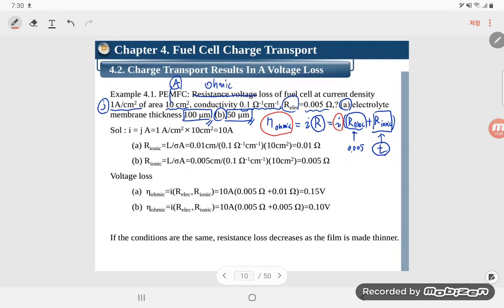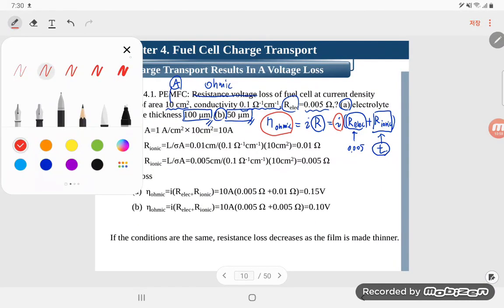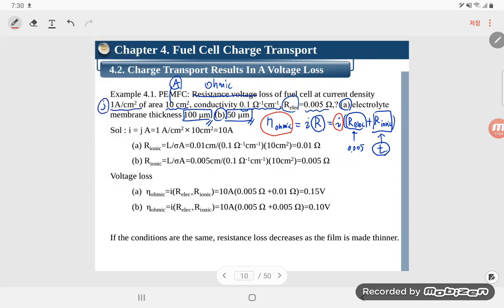So firstly, let's change the current density to the current. So I equals JA, right? And we already know that the current density is 1, and the area of this fuel cell active area is 10 square centimeter.